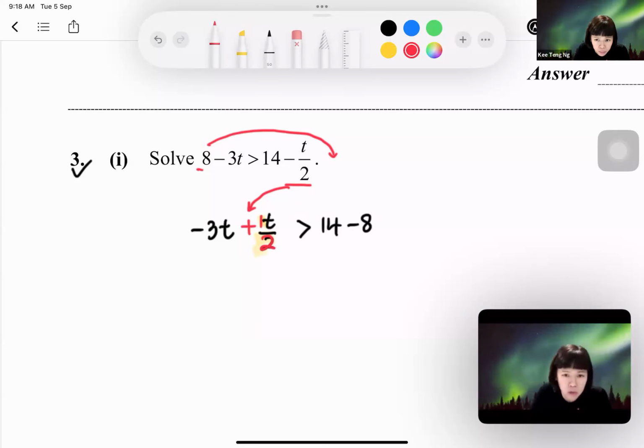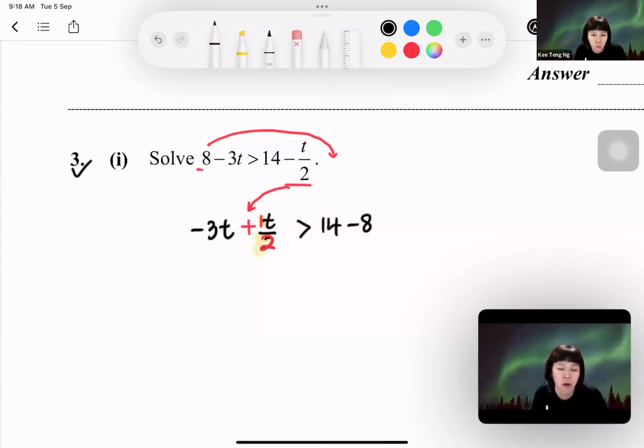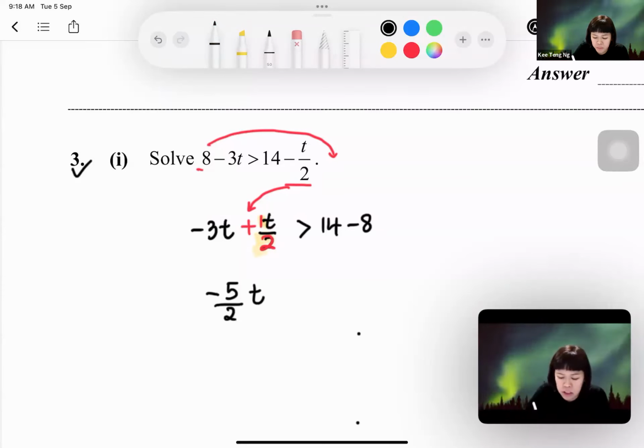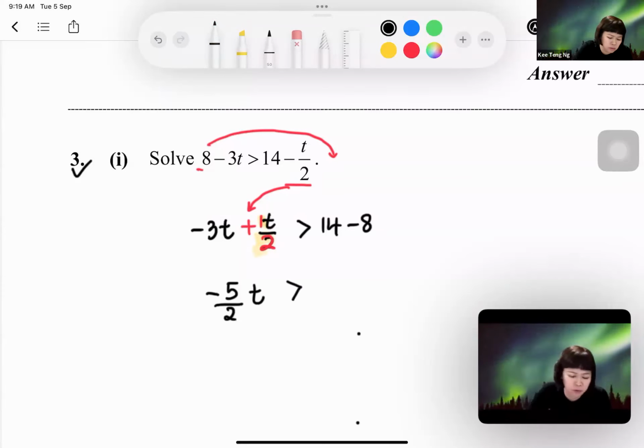For algebra, some of you might want to write a mixed number, like improper, 2.5 or whichever, or maybe some of you will write decimal. If you write decimal in this case, this is still okay. But if you write negative 2.5, then a t, that is not correct. Remember, algebra, improper fraction. So for me, I'll write negative 5 over 2t greater than 14 minus 8, which is the number 6.